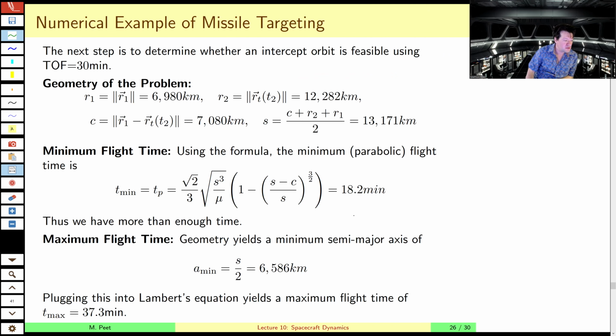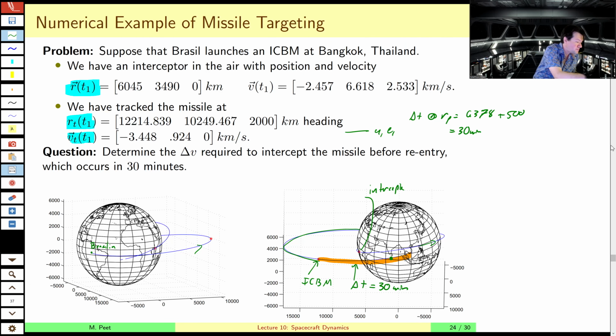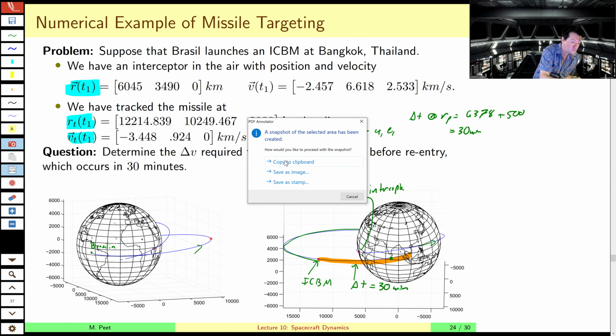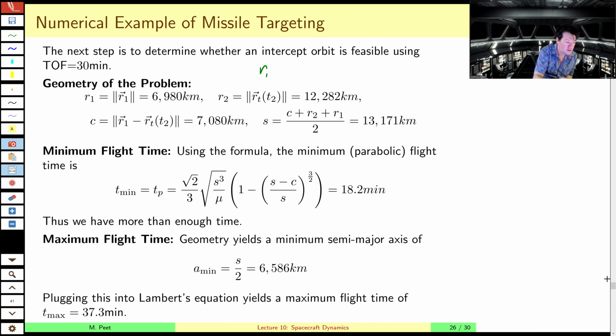All right, so here's our Lambert problem. It's set up. We've got R1, which was on the previous slide. Maybe I should grab it. There's R1.